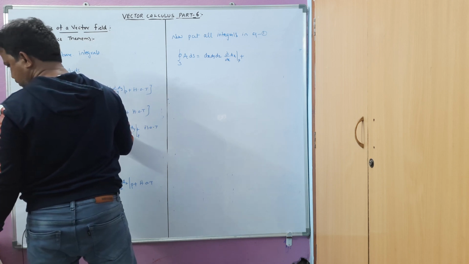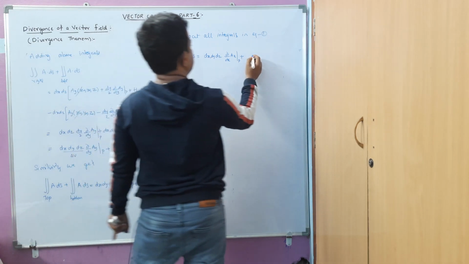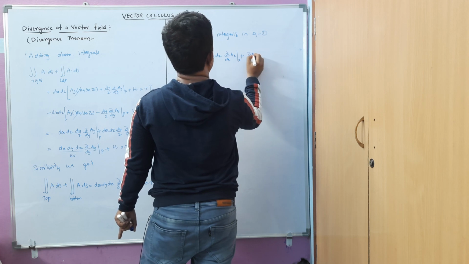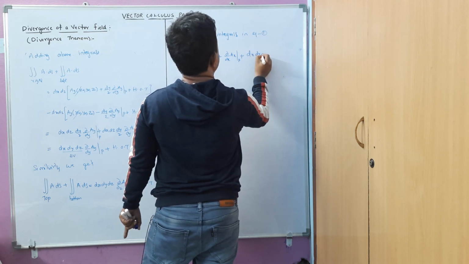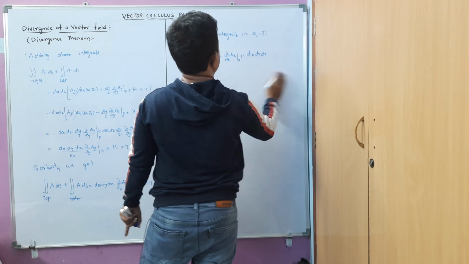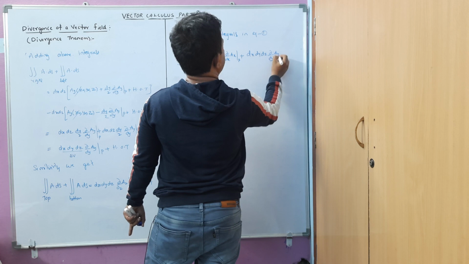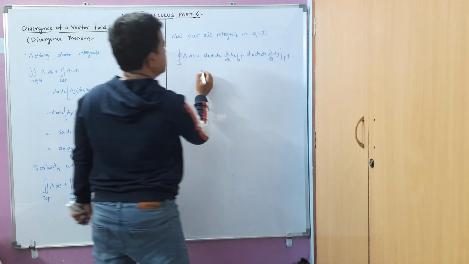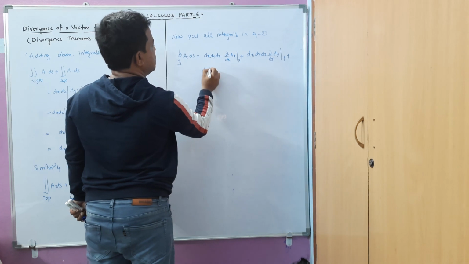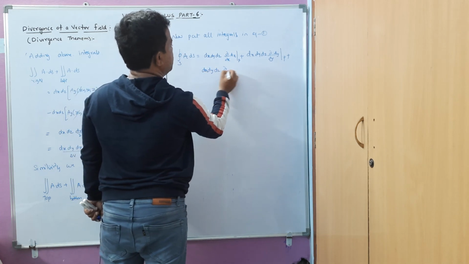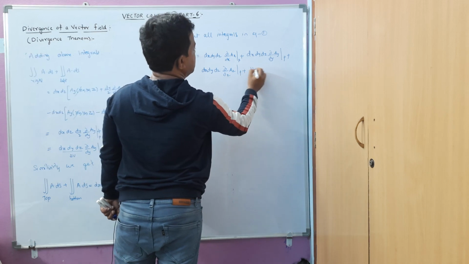So after adding that one, dx dy dz dou by dou x of ax, next similarly we will get for the left and right dx dy dz dou by dou y of ay at point P plus, next for the top and bottom we will get dx dy dz dou by dou z of az at point P plus higher order terms.